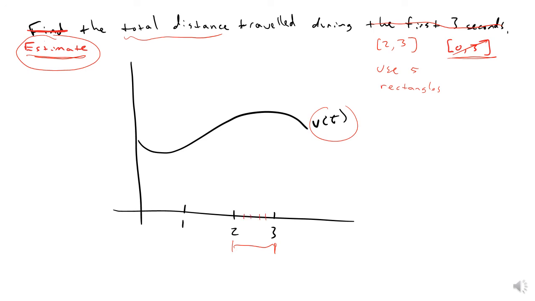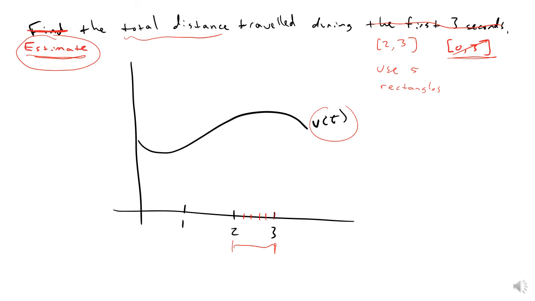These 5 subsections will give me the base of each of my rectangles. So this first one would be 2 1/5, 2 2/5, 2 3/5, 2 4/5, and then 2 5/5. So you've got 5 rectangles.